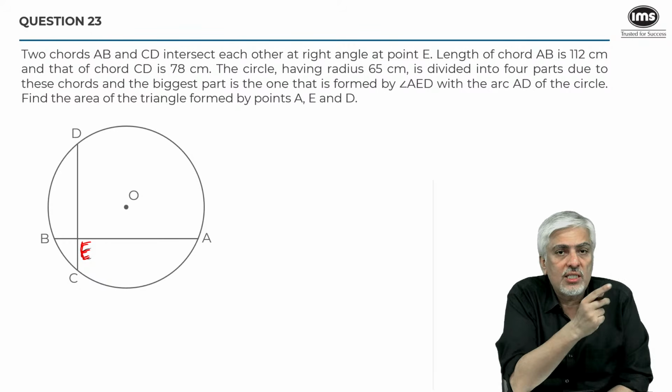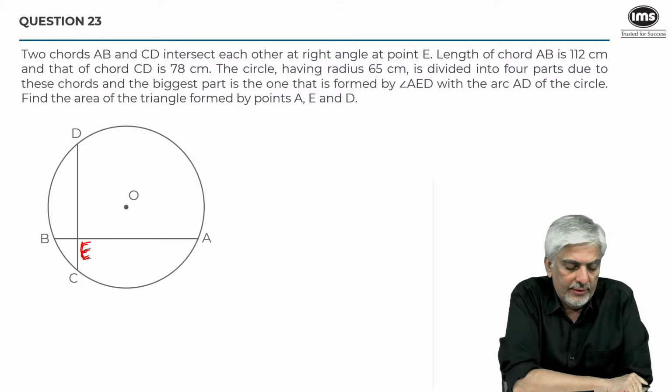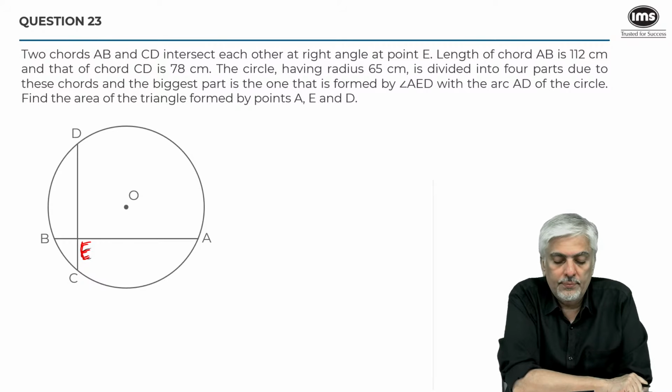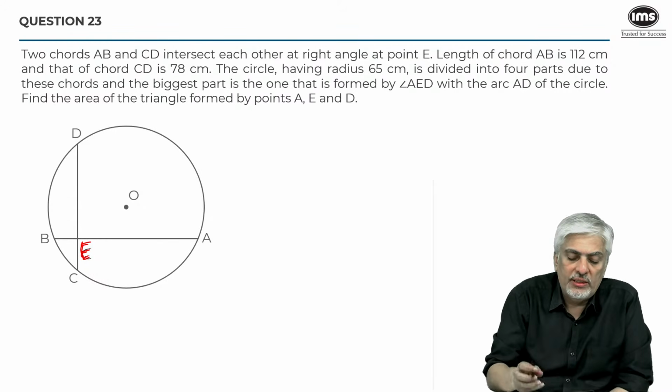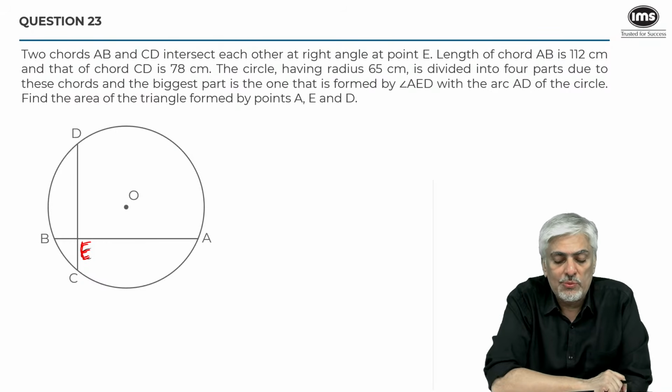So if you need to, just fast forward a little bit, you can come back. This is the diagram. The main thing which they gave was that this is the bigger area, and that is why the diagram is like this. You have to understand how the diagram is made. Very important.